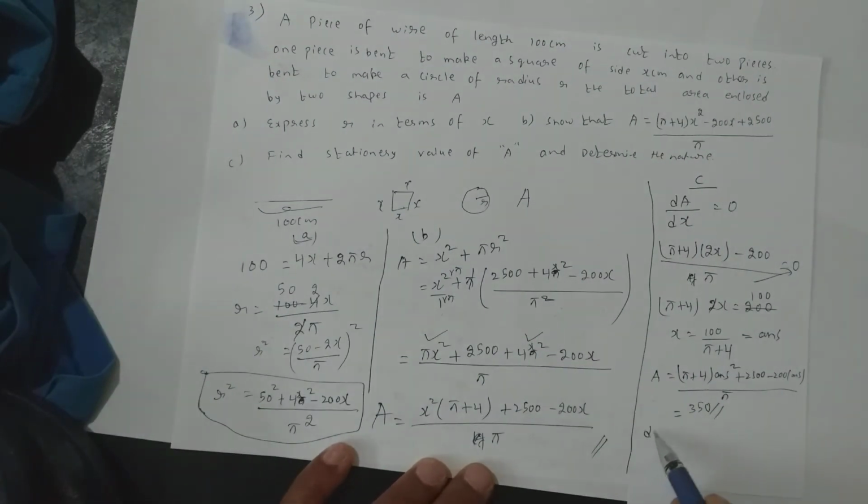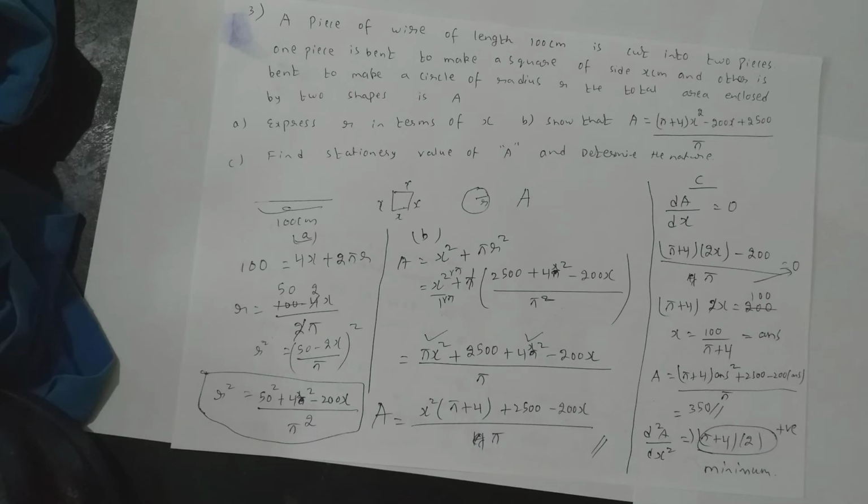To determine the nature, I need d square A by dx square, which is (pi plus 4) into, for 2x I get only 2. This will always be positive, so its nature is minimum. Am I clear with the sum? So many parts are involved in one single sum. First, get what he is asking us to show, then the stationary point, then determine the nature of it.